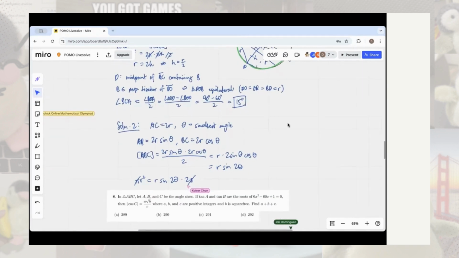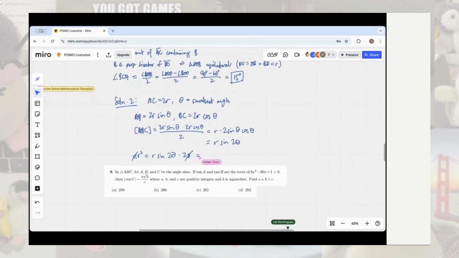You can cancel pi, and you can also cancel r squared. That will mean that sine 2 theta is 1/2, and that already tells you that 2 theta is 30 degrees, so theta is 15 degrees. And therefore the answer is B.